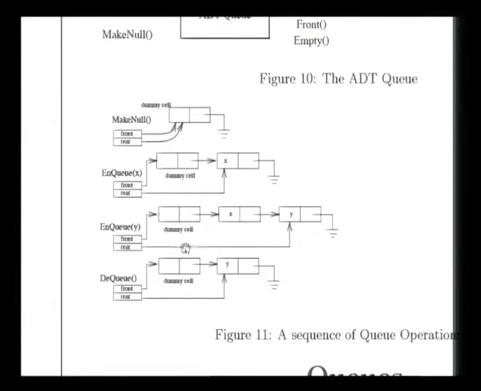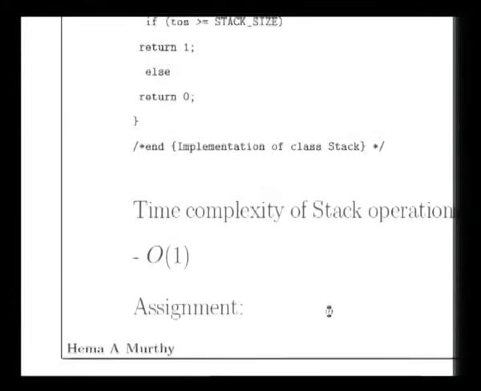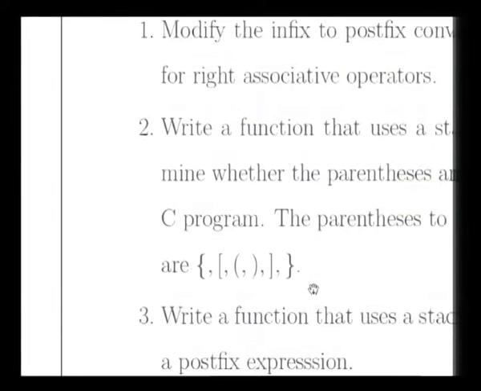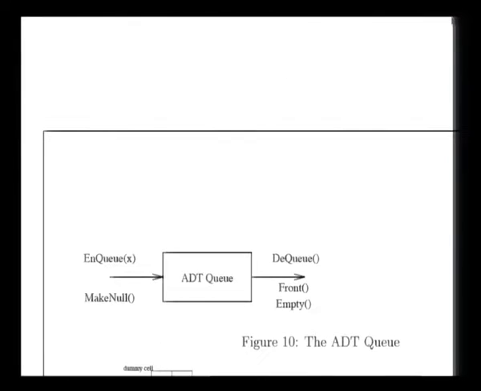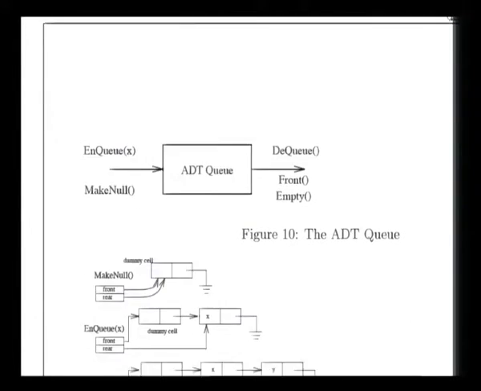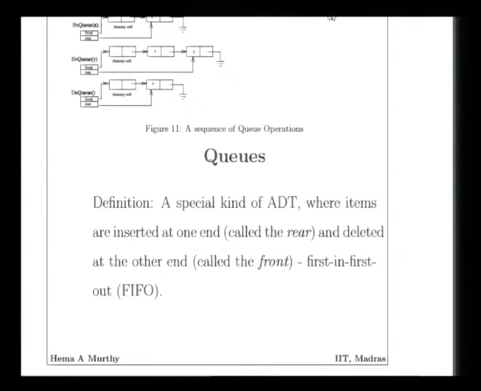This is the fundamental advantage of using a dummy cell, and rear is pointing to Y. So, this is the big advantage when I do a linked list implementation of queues, using a dummy cell when you create an empty queue.